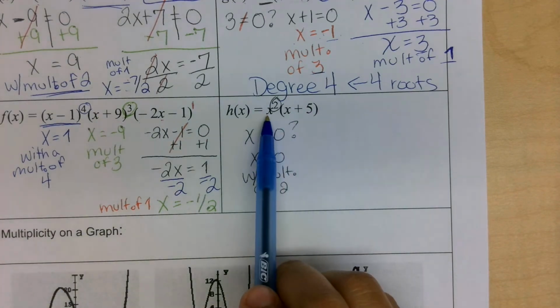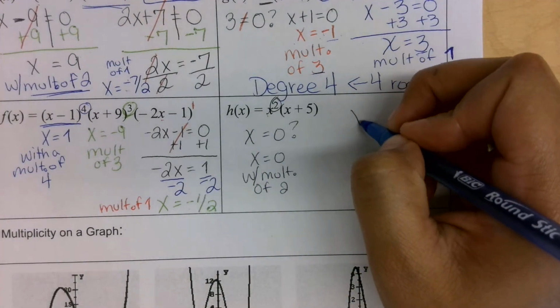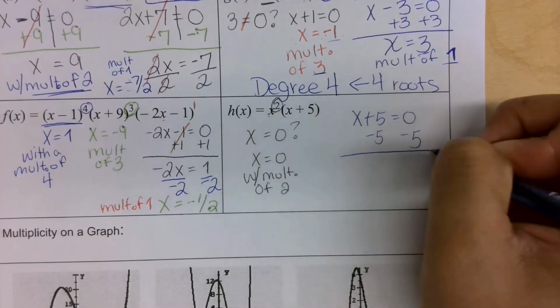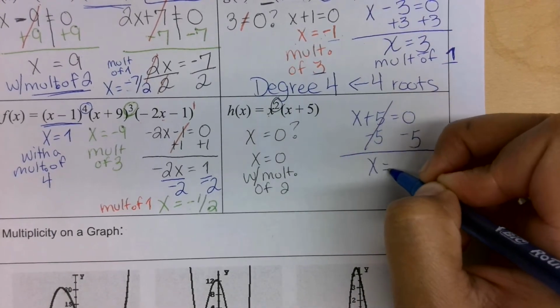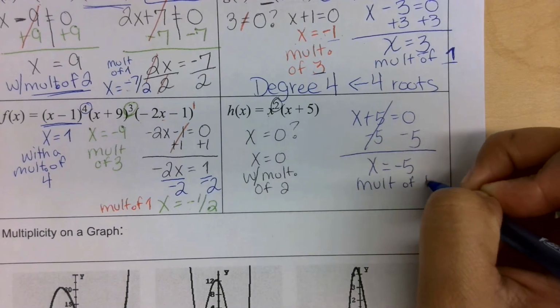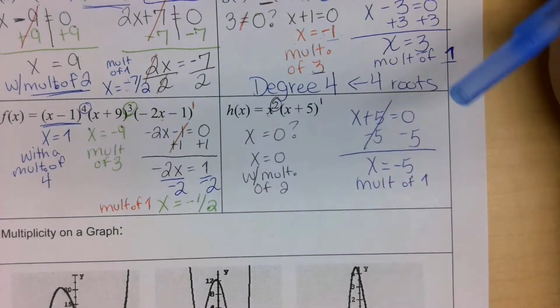Just remember that if it's x, what gives you 0? Well, if x is 0, and it has a multiplicity of 2. Then the x plus 5, what makes that 0? Well, I subtract the 5, x equals negative 5, and this one has a multiplicity of 1, like that, because it only occurs 1 time right there.